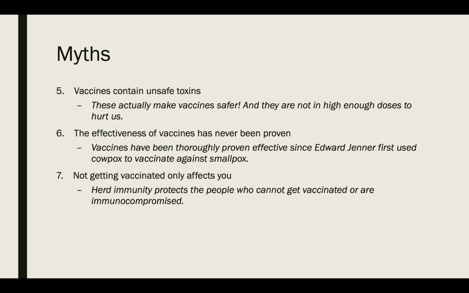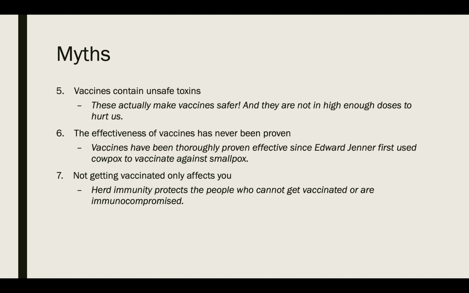Number 7: not getting vaccinated only affects you. We often think about vaccinations on an individual level, but vaccines are really about populations. Vaccines are there to protect populations, and with that, herd immunity.